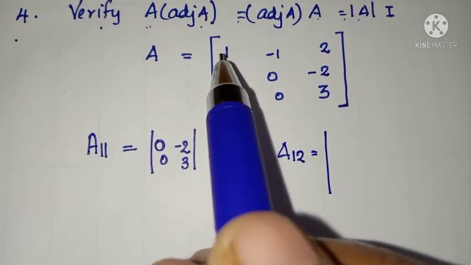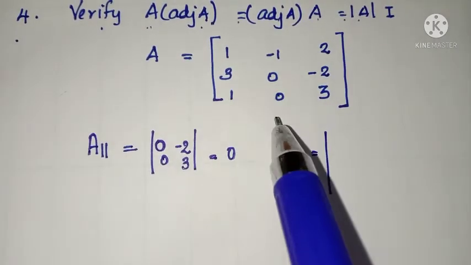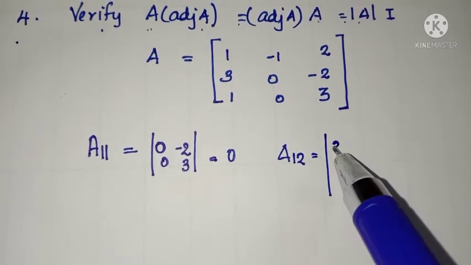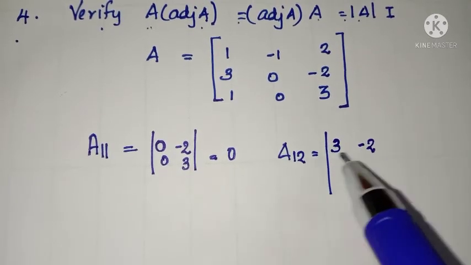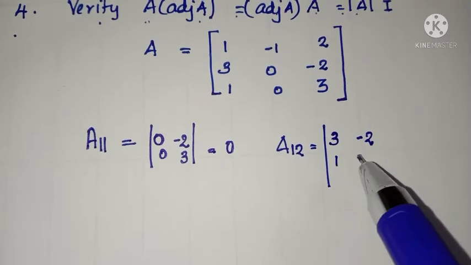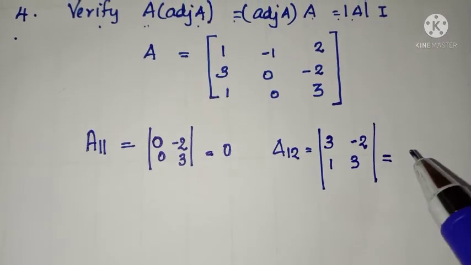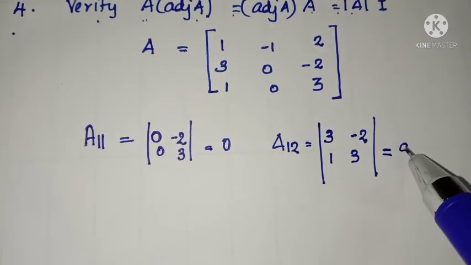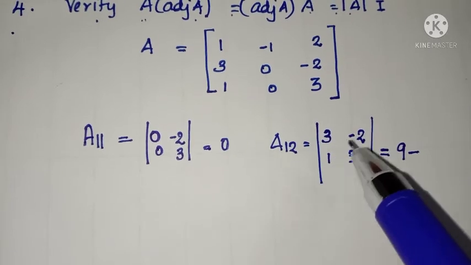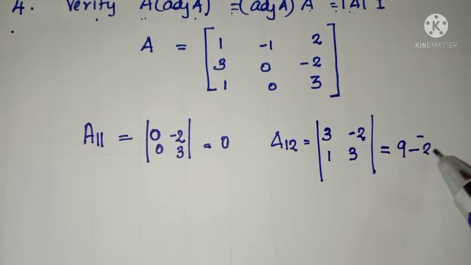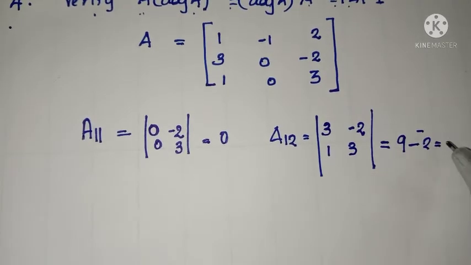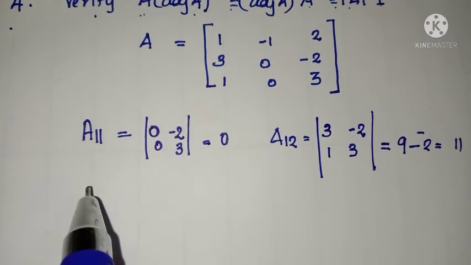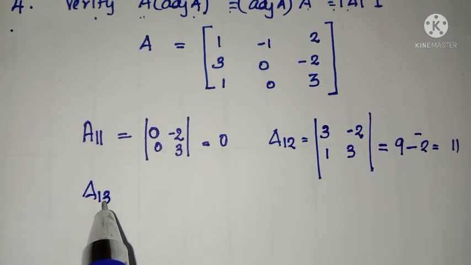From here delete the first row and second column. The remaining entries are 3, minus 2, 1, 3. Now find the determinant: 3 into 3 is 9, minus 1 into minus 2 is minus 2, which gives 9 plus 2, that is 11. Now what is A13?